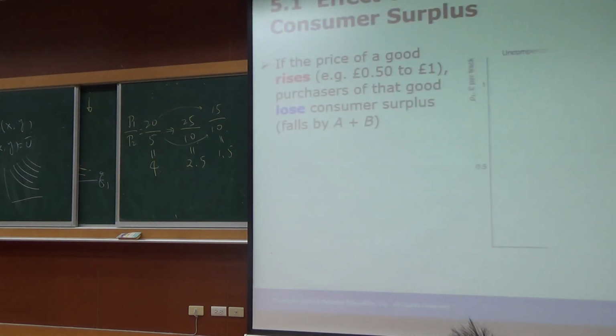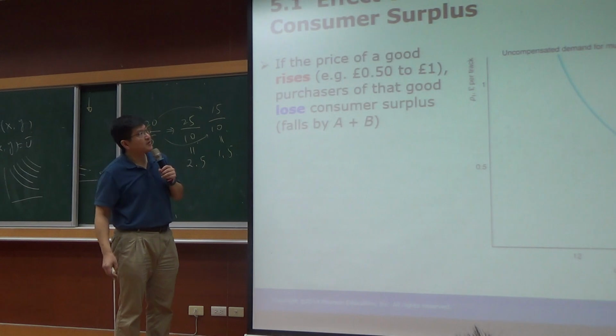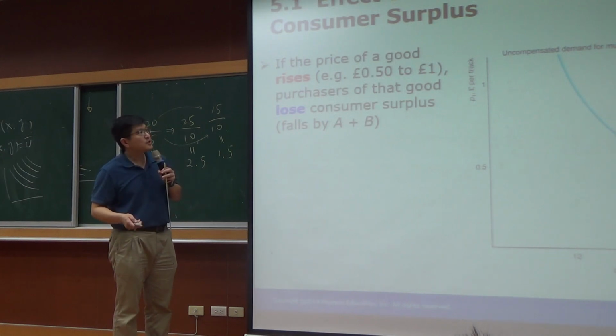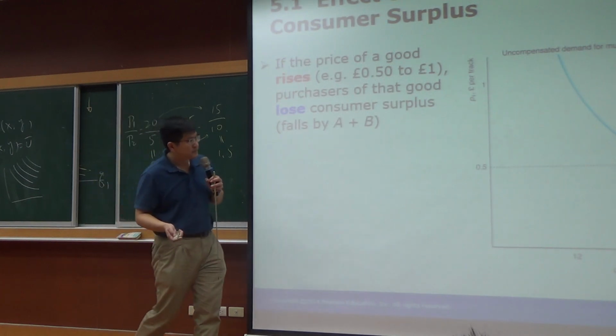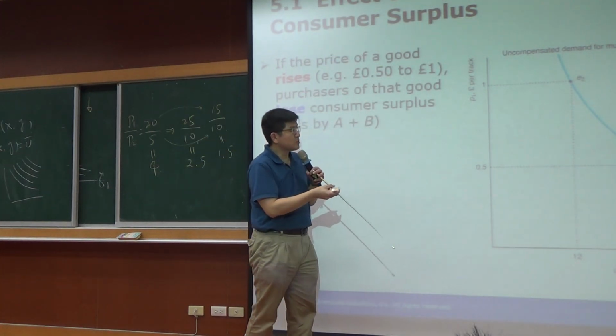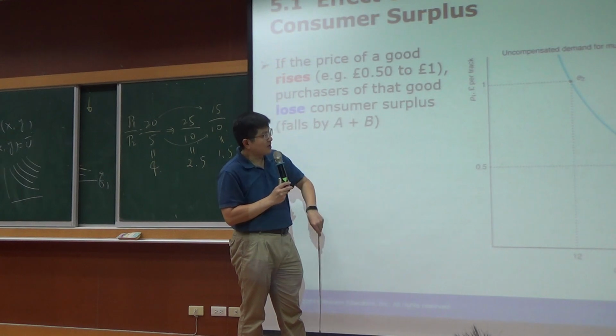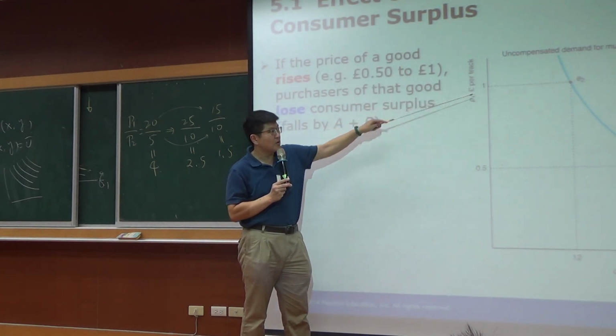And if the price of a good rises, say from 0.5 to 1, purchasers of that good lose consumer surplus by how much? Initially the price was 0.5, now it rises to 1.